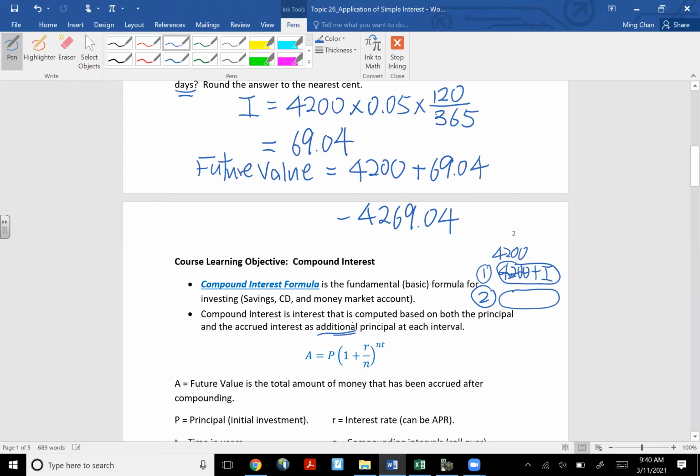So it's basically you started with some money, and the interest you earned at the end of the first year is added on. It's almost like this example we have here. You take the entire 4,269 and roll it into the next interval of investment, so you will actually earn even more interest.